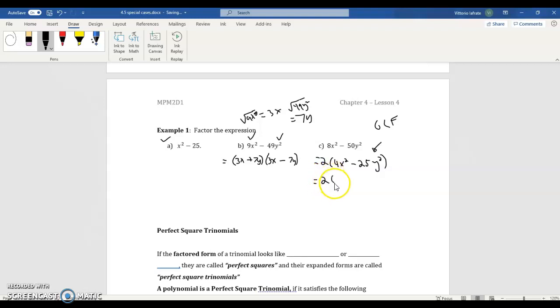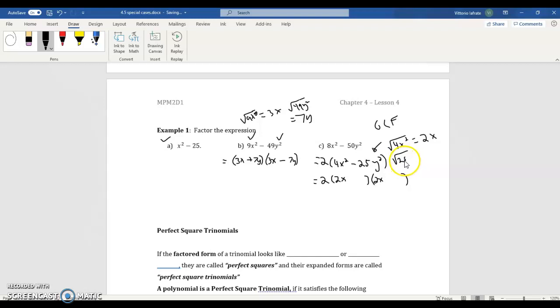by breaking that bracket up into 2 brackets, taking the square root of the first term, which is 4x squared, and so that gives us 2x, because square root of 4 is 2, and square root of x squared is x, so 2x. Put that in both brackets. Take the square root of the second term, square root of 25.